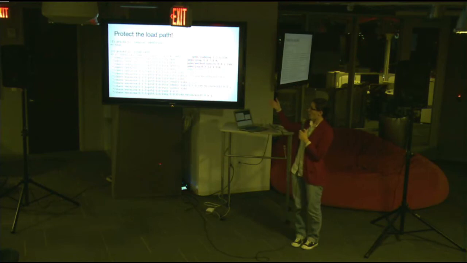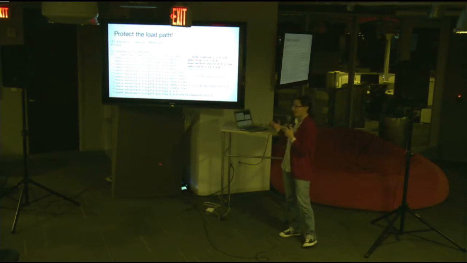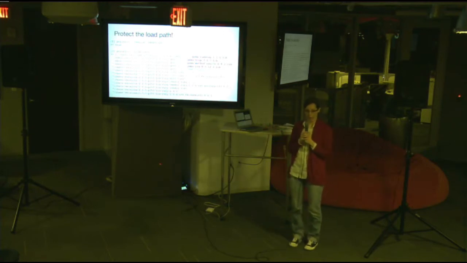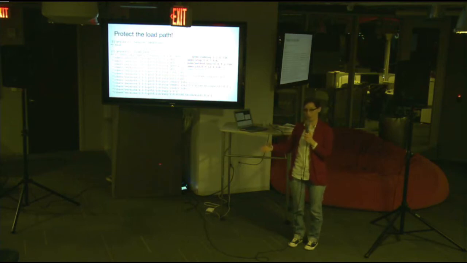So say I'm requiring my adventure gem, and I look at my load path again, I can see that the lib directory of my gem has been added to that sort of swimming pool. So technically, if I wanted, I could have a file called, say, active_record, and if I required active_record, and it found my active_record before the real one, it would actually use that.